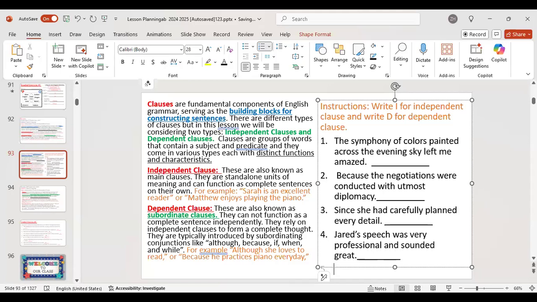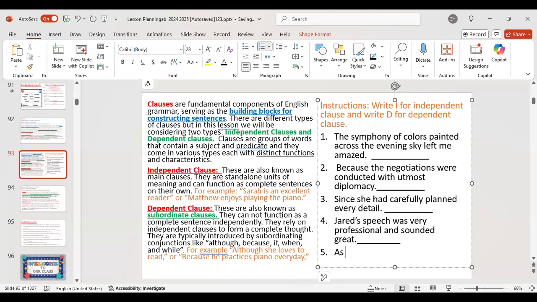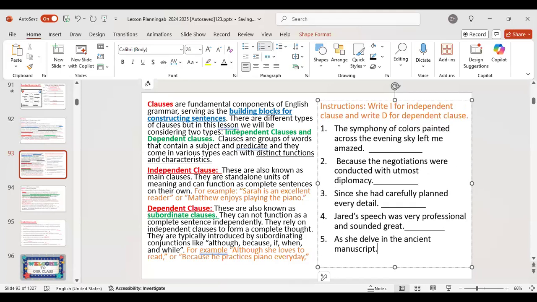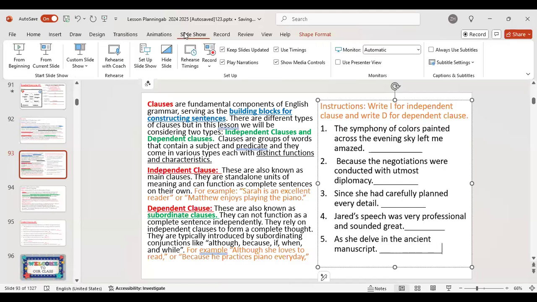And finally, number 5, as she delves into the ancient manuscript. So just 5 of them that I want you to do.